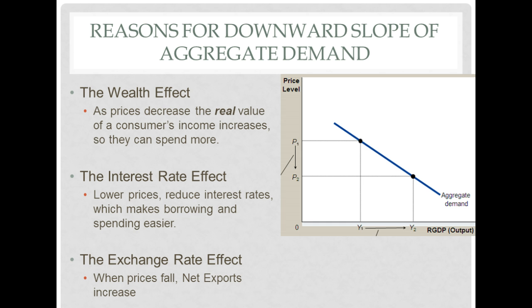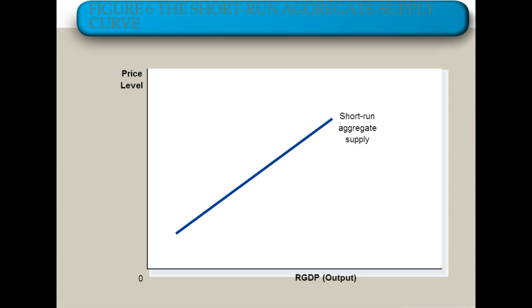And remember that the last component of RGDP is NX, or net exports. So if prices fall, net exports increase. And again, we'll get back to that later on and explain it in better detail. I would not say any of these three points are particularly of paramount importance, but it's good to know them and good to understand them.